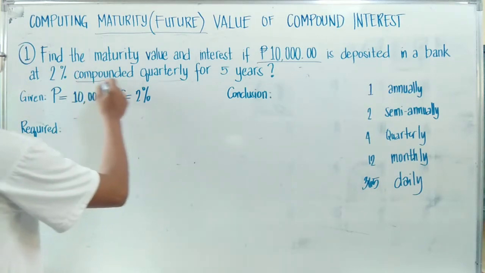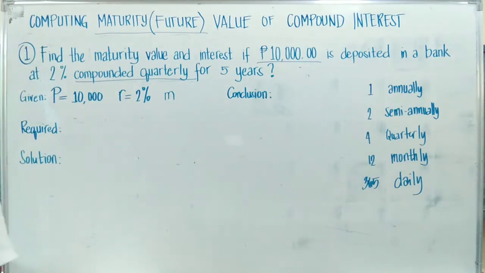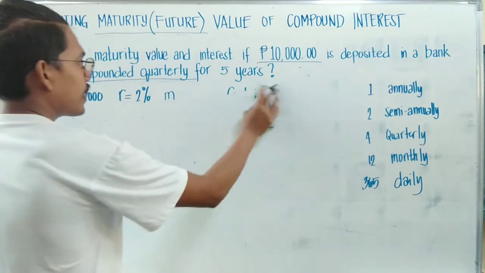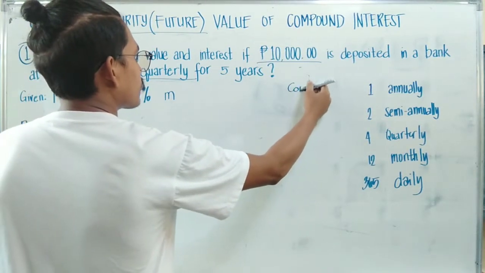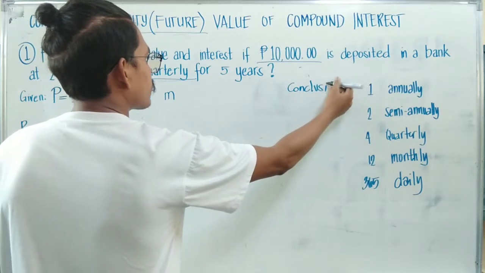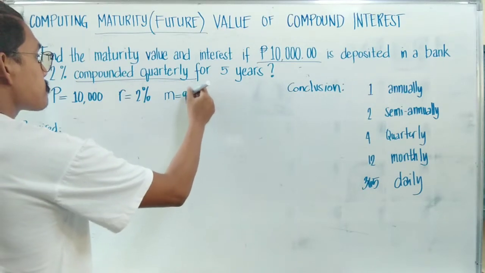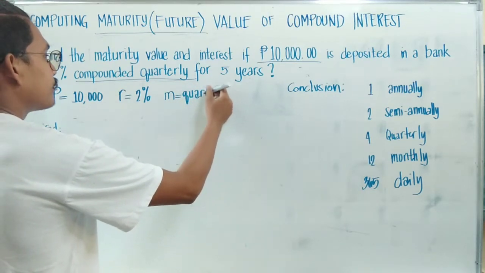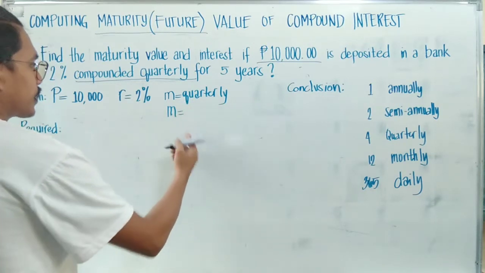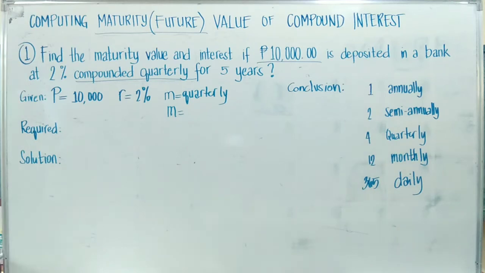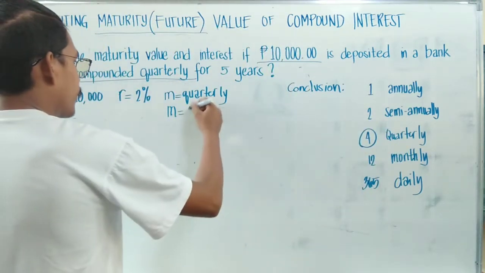Then we have here compounded quarterly. That will be your M. To make it clear, since it is quarterly, we can say that the value of M is 4.